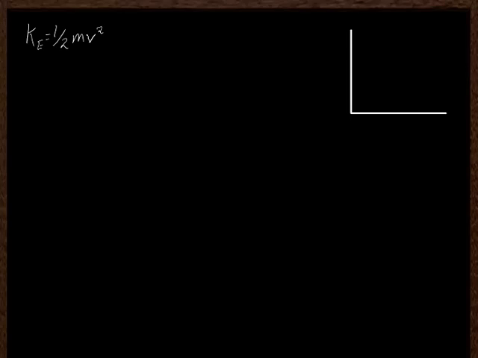Hello, and in this video we're going to be looking at the kinetic energy of particles, particularly particles approaching the speed of light, travelling at relativistic speeds. Our Newtonian definition of kinetic energy is given by a half mv squared, this equation here.